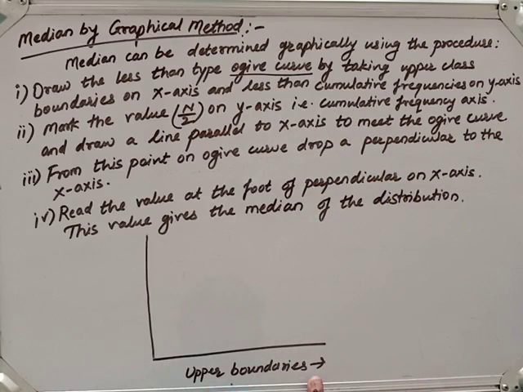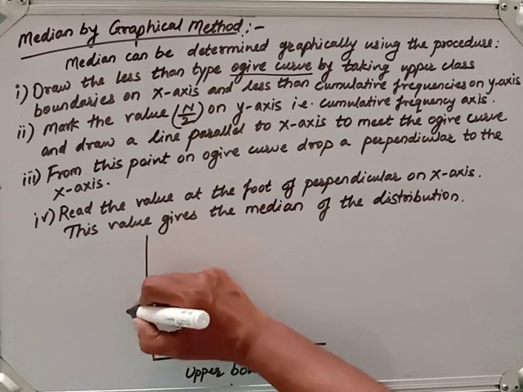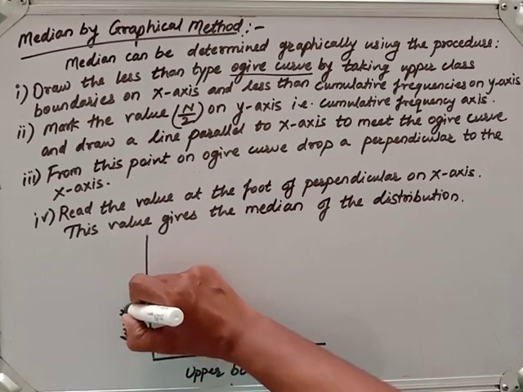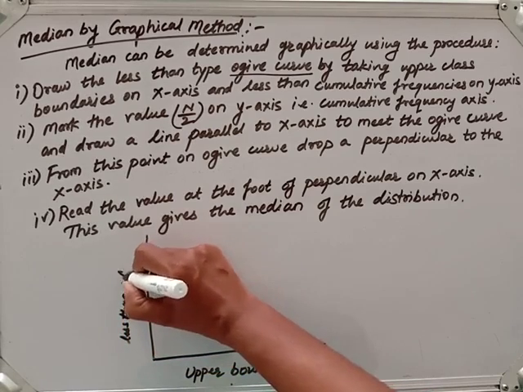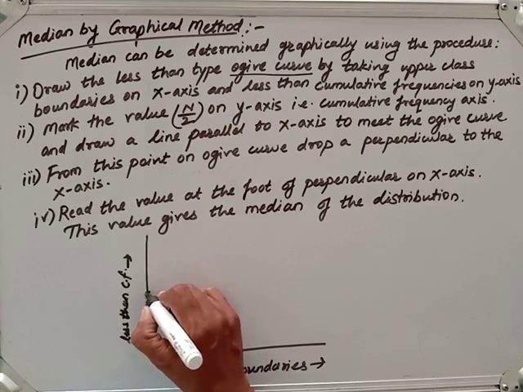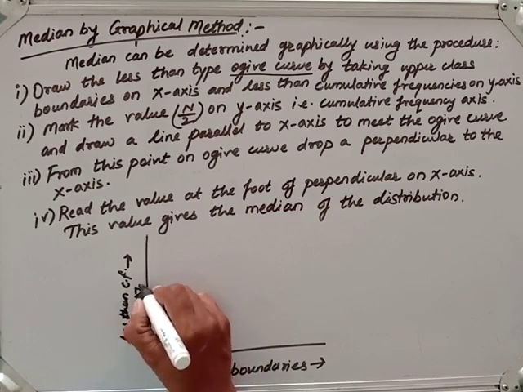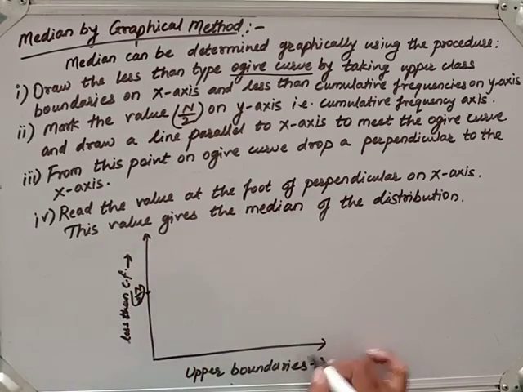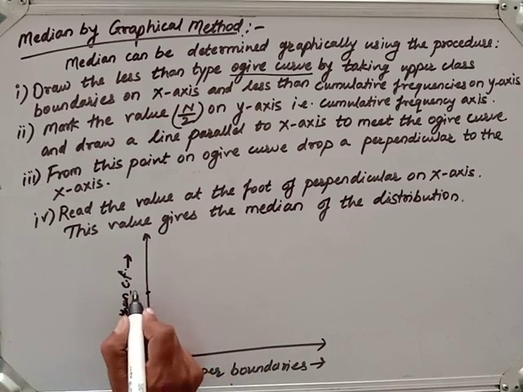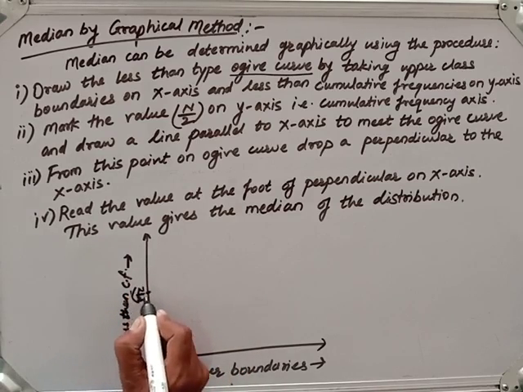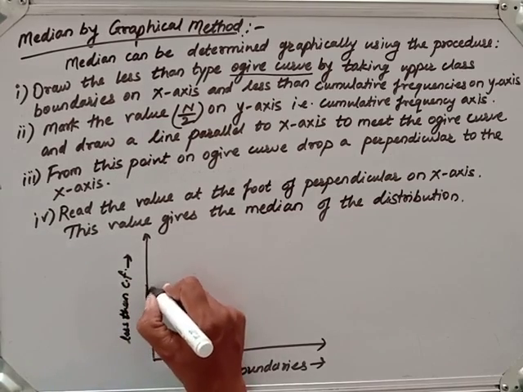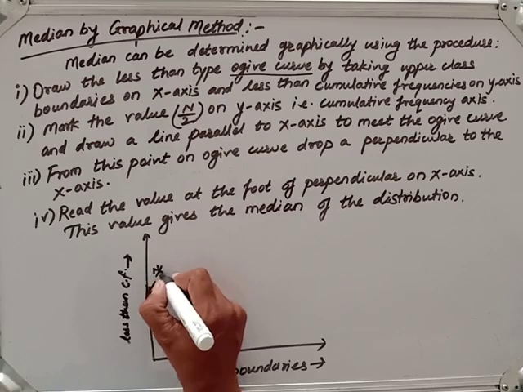Here we show upper boundaries, and here we show less than cumulative frequency. Suppose somewhere here the value n by 2 will be there.